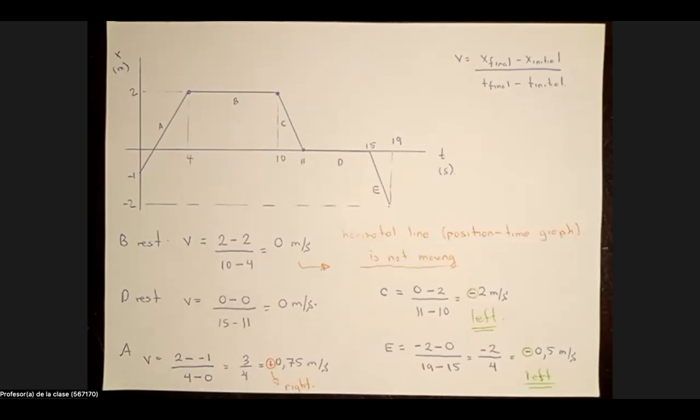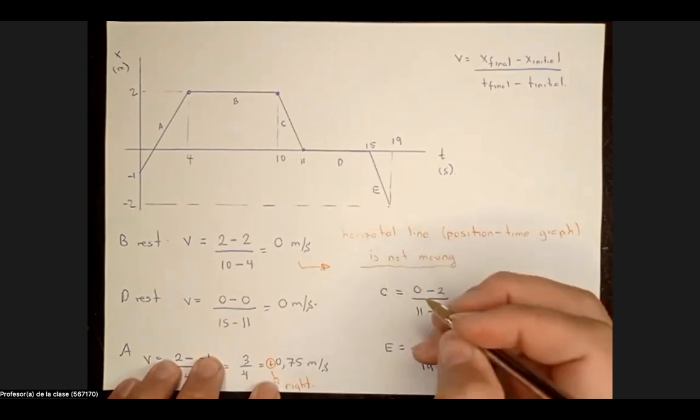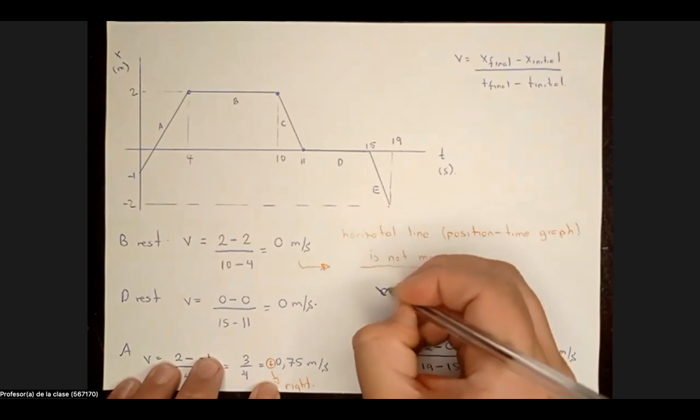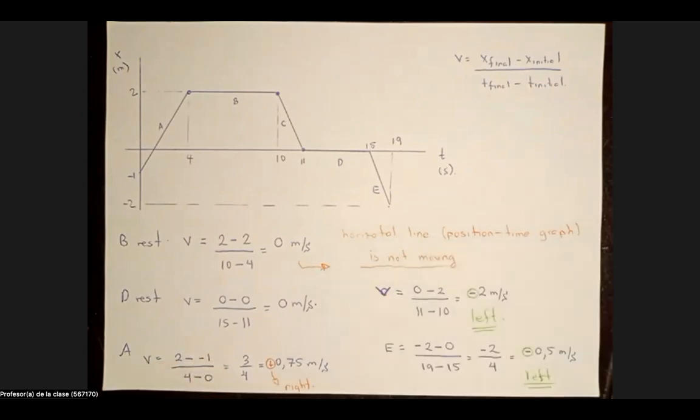If you look at the slope of the graph, in C the slope is -2, right? And remember the slope, I forgot here, there is a mistake of representation. That is V, velocity, average velocity. I don't know why I wrote C, but remember the slope is velocity.